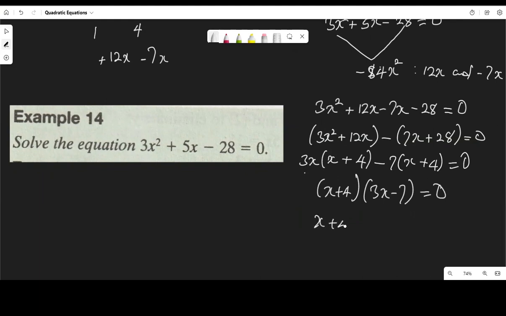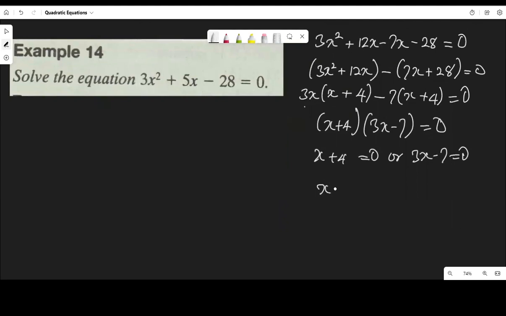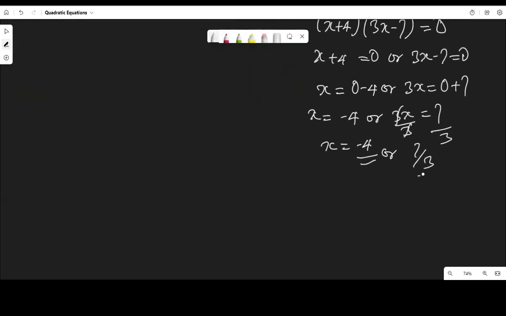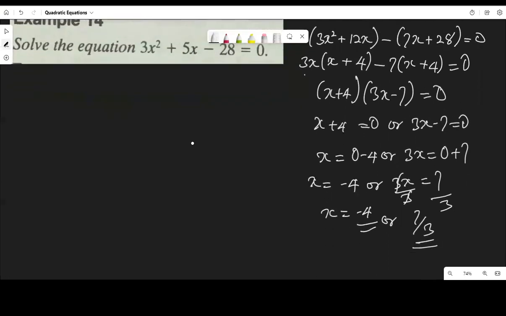It's either x plus 4 equals 0 or 3x minus 7 equals 0. x is equal to 0 minus 4, or 3x equals 0 plus 7. x is equal to minus 4, or 3x is equal to 7. x is equal to minus 4, or divide both sides by 3, 7 over 3. So our answer is minus 4 or 7 over 3 for this question.